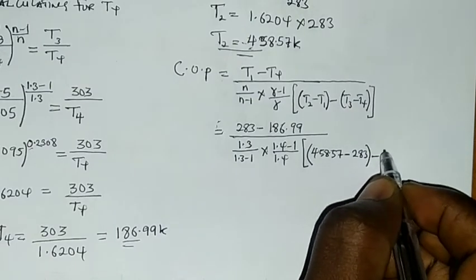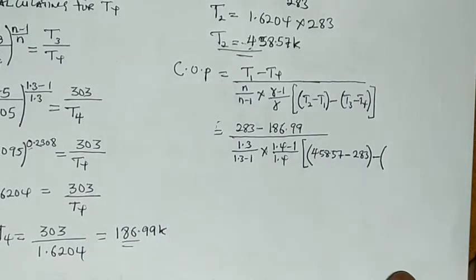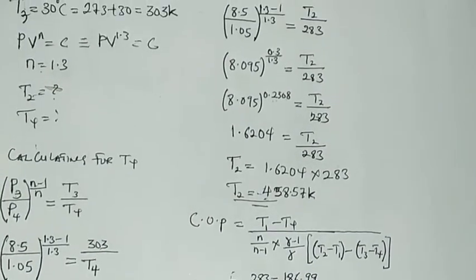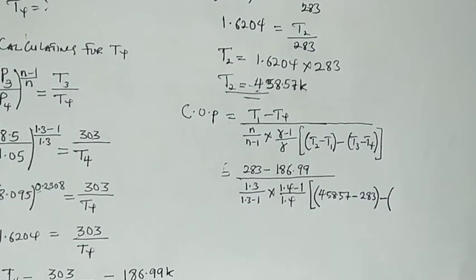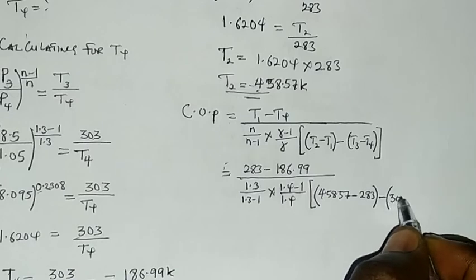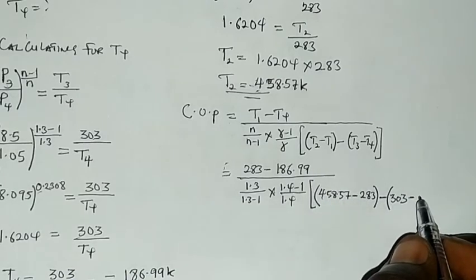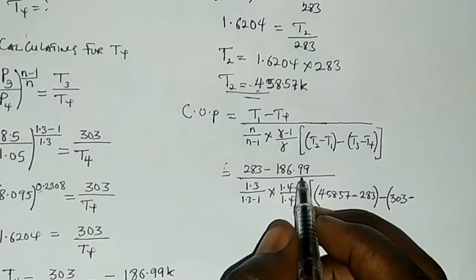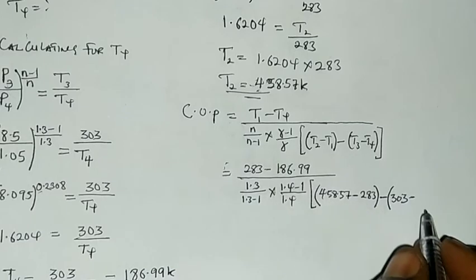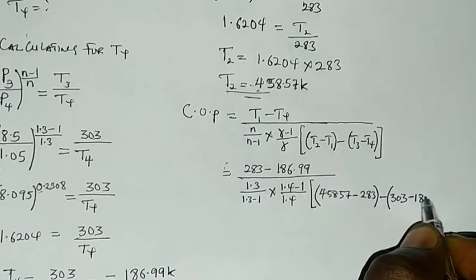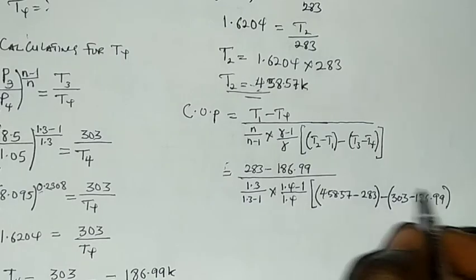Close the bracket, minus T3, which is 303, minus T4, which is 186.99.